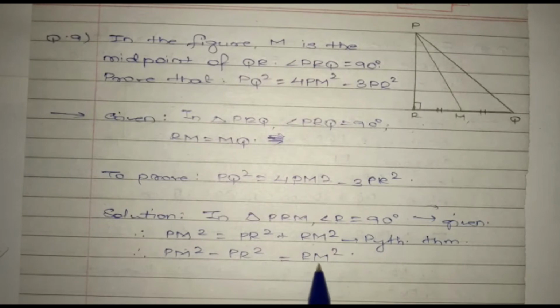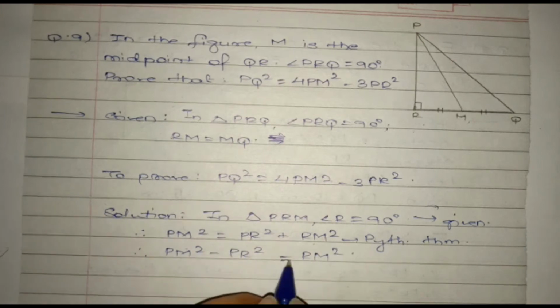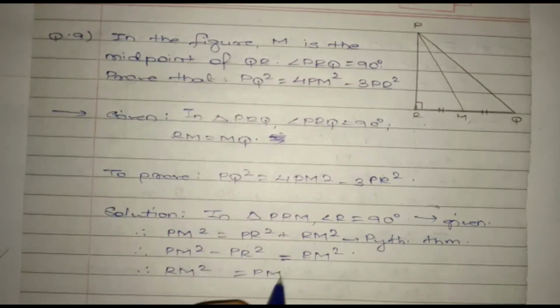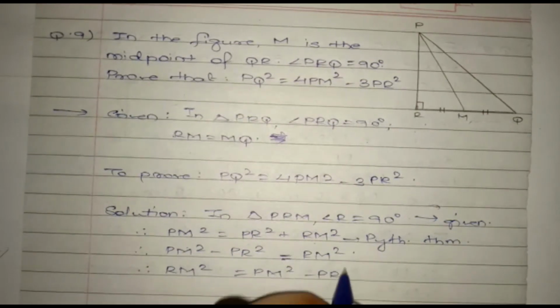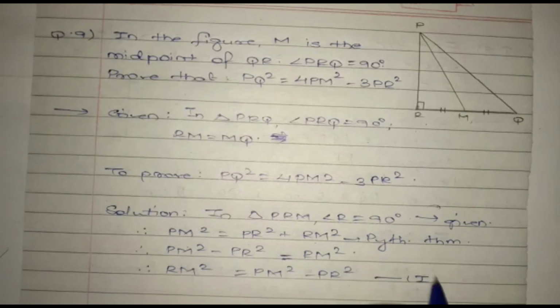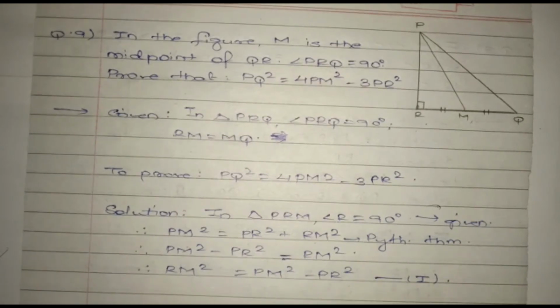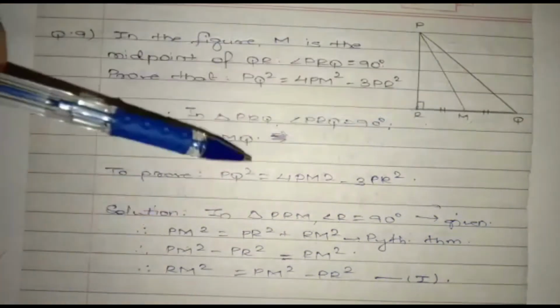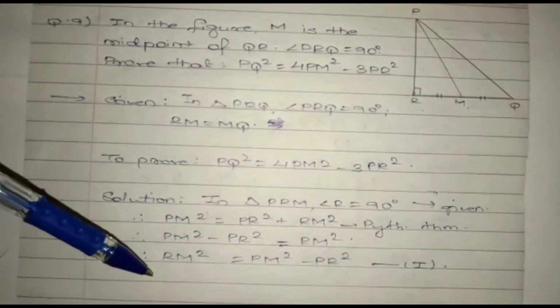RM is not needed, so we kept it on the right hand side. Therefore RM square is equal to PM square minus PR square. We will consider this as equation number 1. We first took triangle PRM, used Pythagoras theorem and found this term.